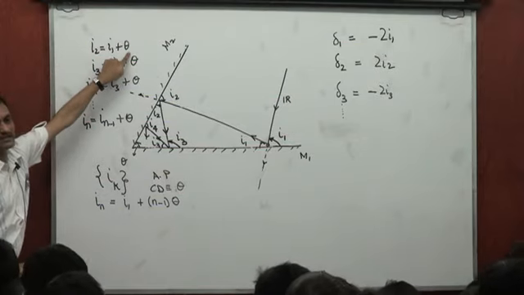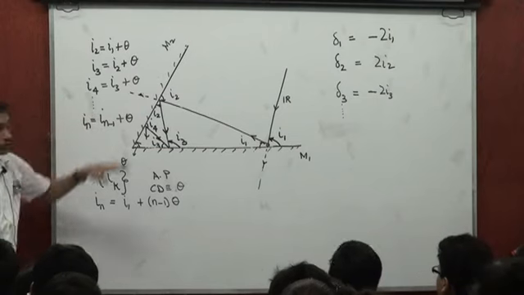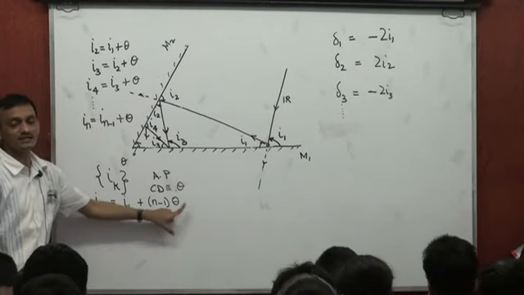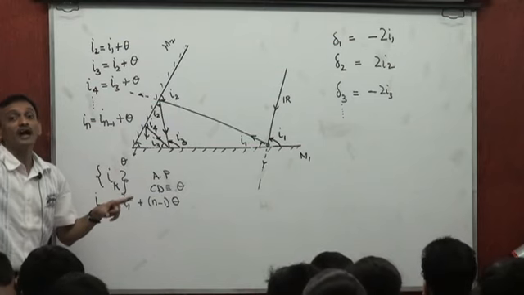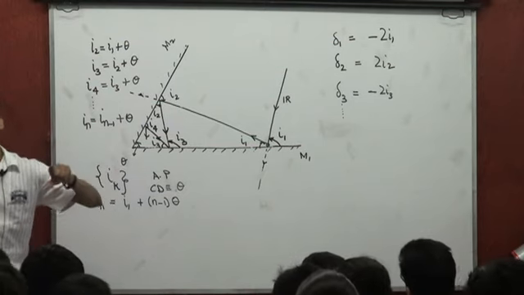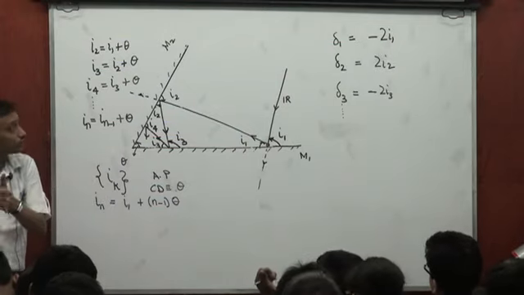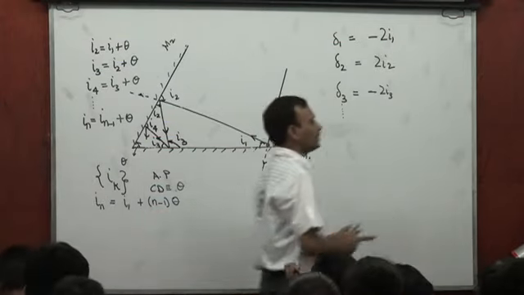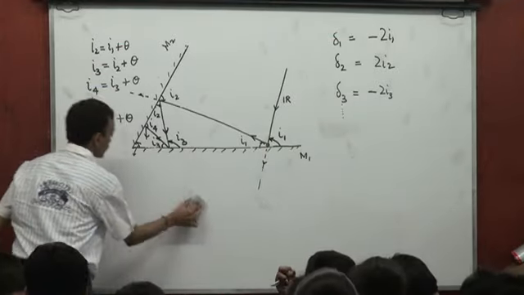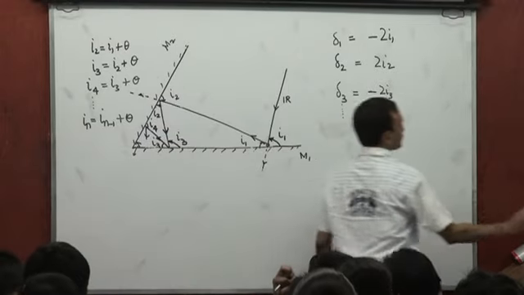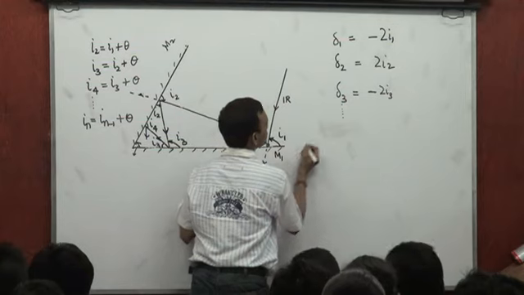I2 would be I1 plus theta, I3 would be I1 plus 2 theta, I4 would be I1 plus 3 theta, and so on and so forth, right? Now, once this comprehension dwells upon you, we can find the algebraic deviations.